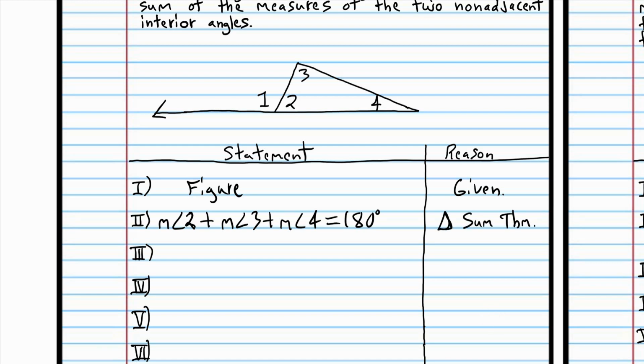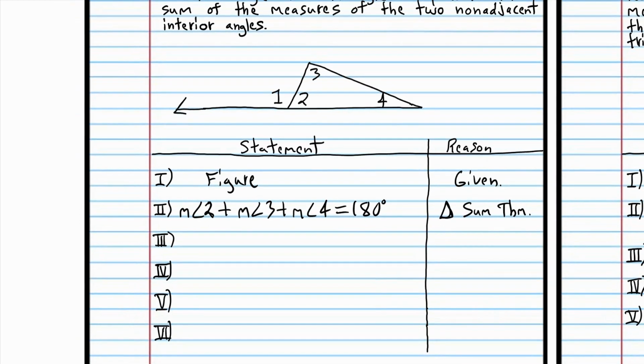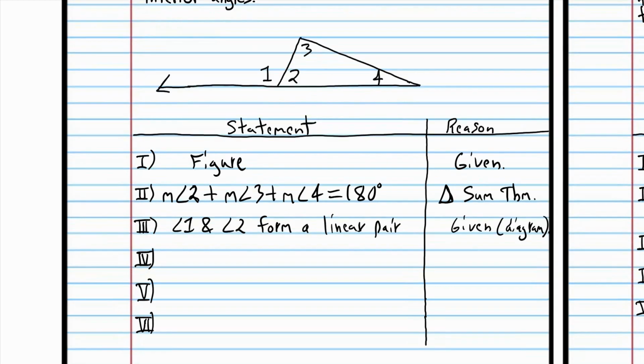Now we also know that angle 1 and angle 2 form a linear pair, and we can see that just by the diagram. So if they form a linear pair, by the linear pair postulate, we know that angle 1 and angle 2 are supplementary angles.